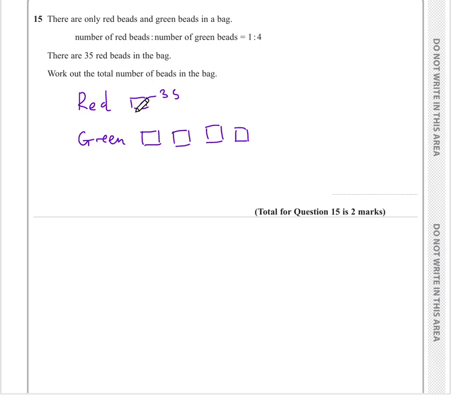So 1 part of this ratio is going to be 35. Let's have a look. So we've got 35 for each of these 4 parts. So there should be 35 times by 4, which is 140 green.